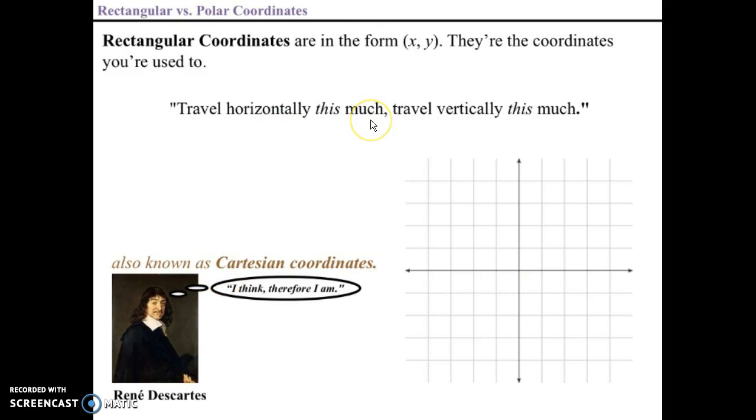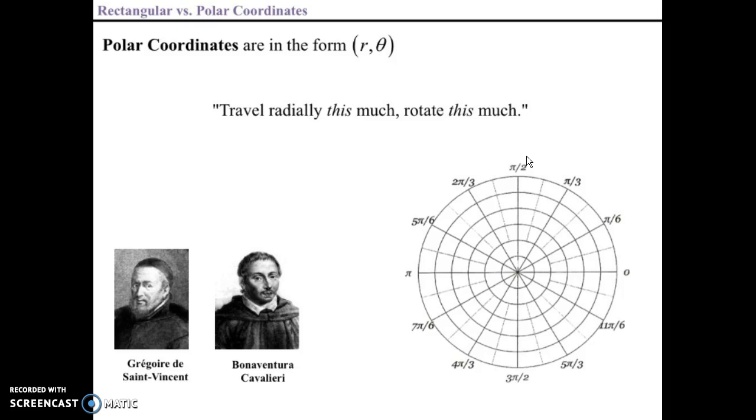And you probably already know this. (x, y) means you travel horizontally a certain amount and travel vertically this much. Negative in the xy system just means that you go the opposite of the positive direction. And we always say the positive direction in the x direction is right, positive direction in the y direction is up.